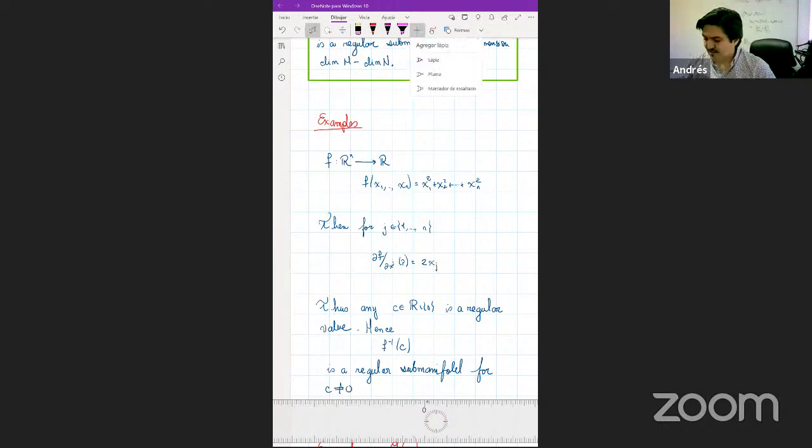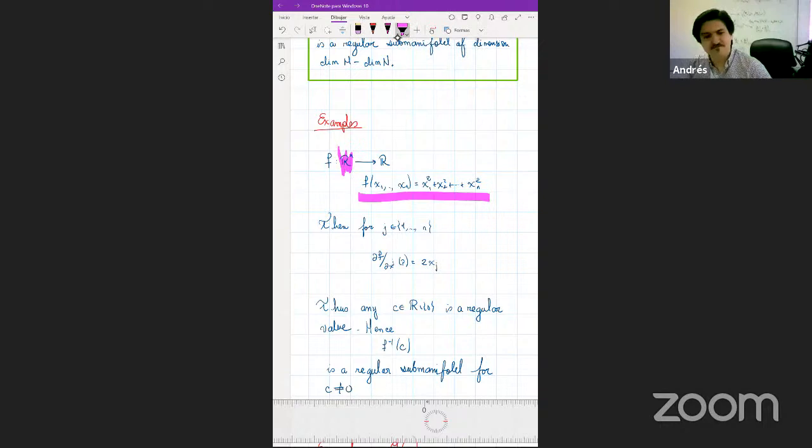There's another way using Euclidean space and this map. To compute the differential, we use the standard chart on Rn. And for any non-zero c, any non-zero element here is a regular value.